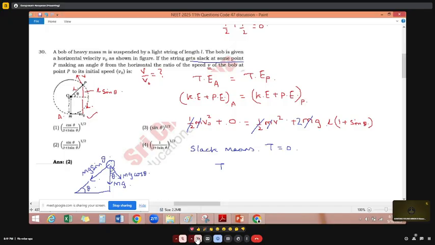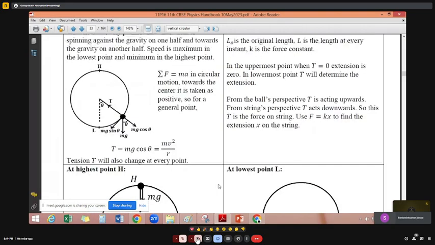That means, carefully listen, this force is acting towards the center. So tension plus mg sin theta is equal to the centripetal force, mv squared by r. If you have some difficulties or it's not clear, I've given you all the concepts here.